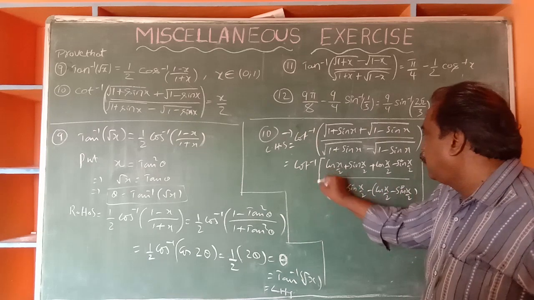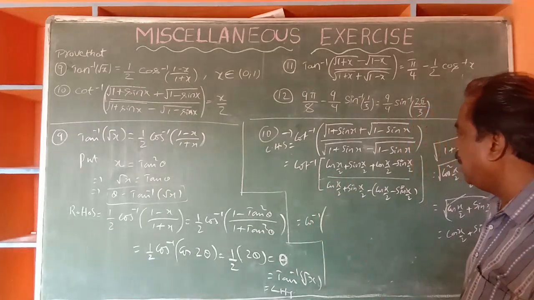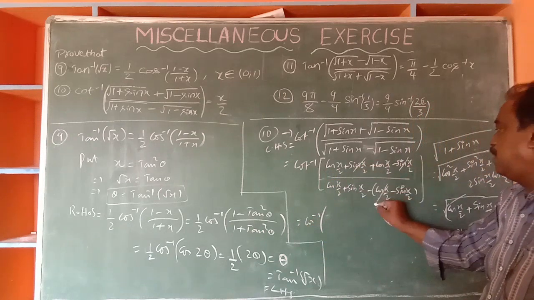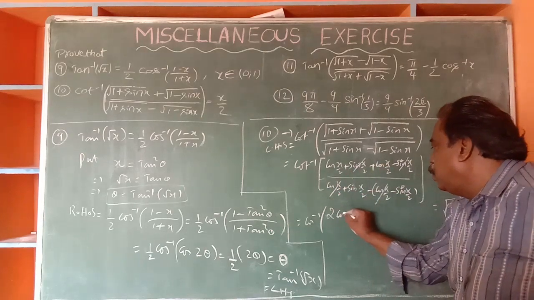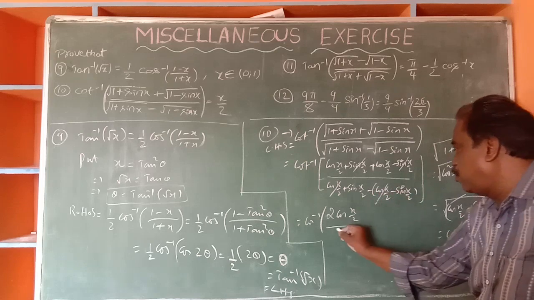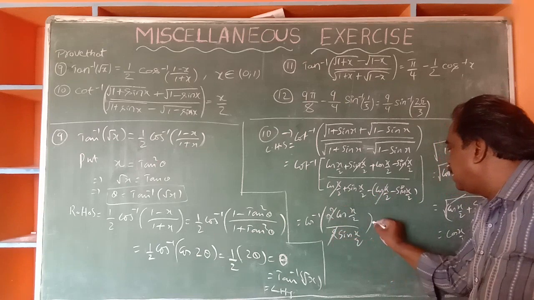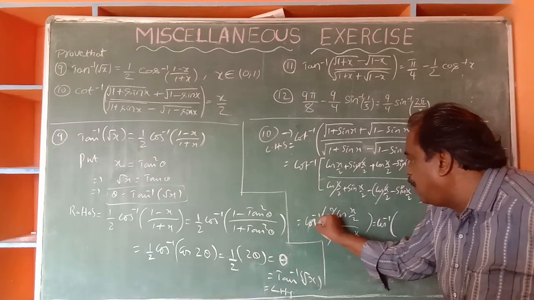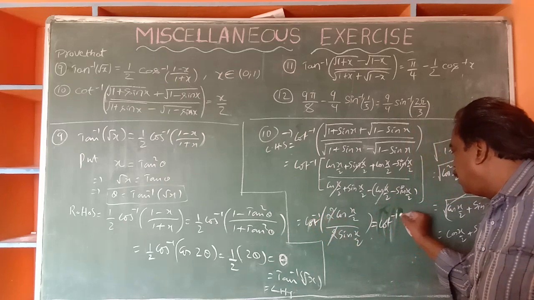Now it is cot inverse of... sin x by 2 cancels, cos x by 2 cancels. We get 2 cos x by 2 by 2 sin x by 2, 2 cancels. We get cot inverse.